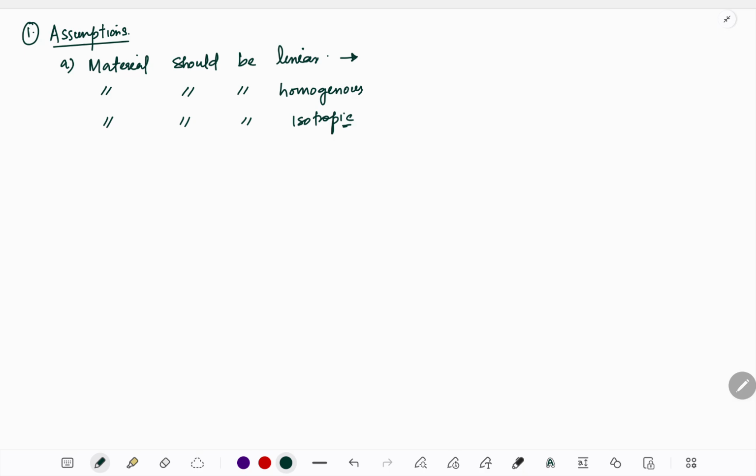If the material is placed in the external electric field, then the polarization in that material is epsilon 0 chi e times the external electric field. This equation should be followed by the material. That is, the polarization should be directly proportional to E. The relation should be linear, that is, P depends on E to the power 1.